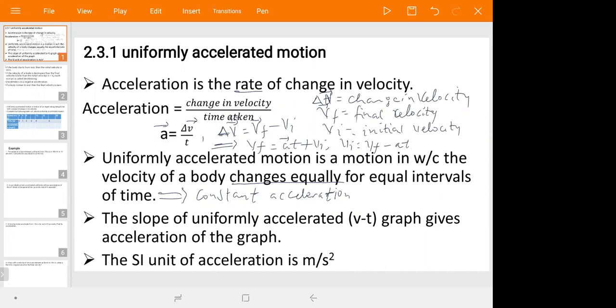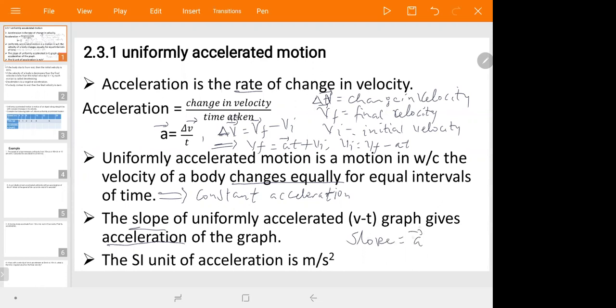The other thing you must know under this subtopic is the slope of uniformly accelerated motion. The slope of the velocity-time graph gives you acceleration. That means in uniformly accelerated motion, slope is equal to acceleration.